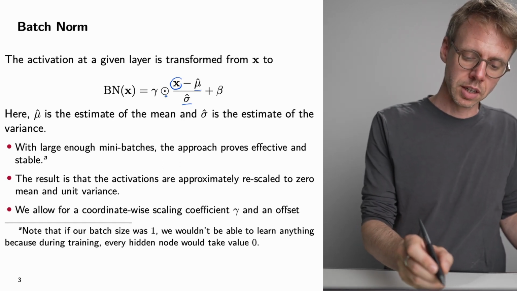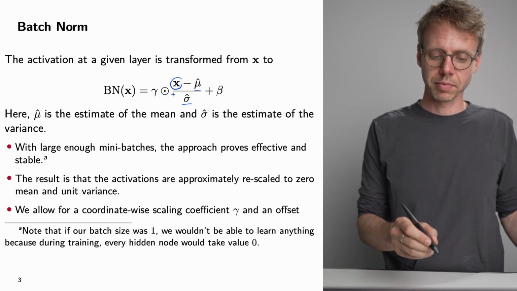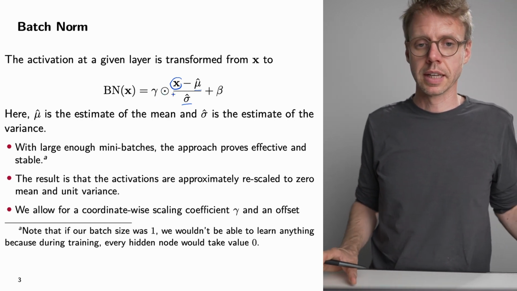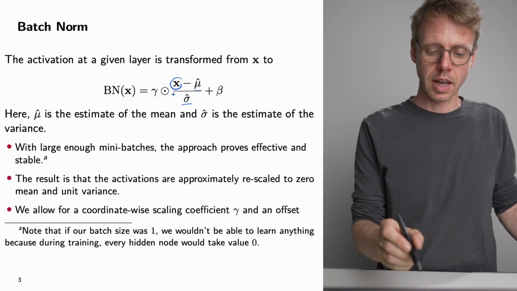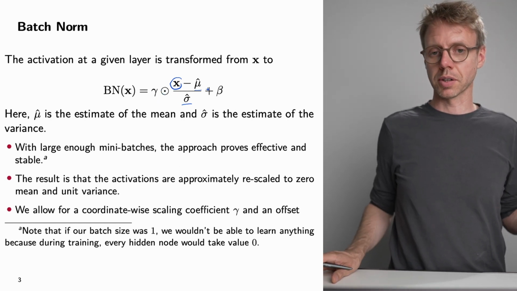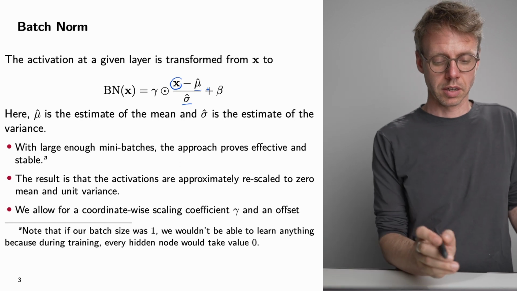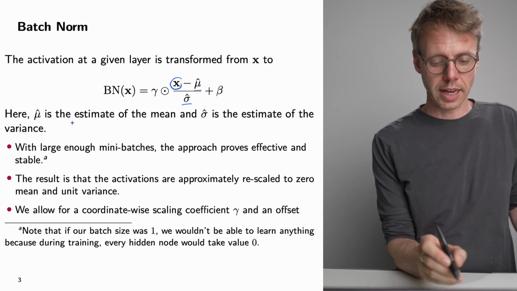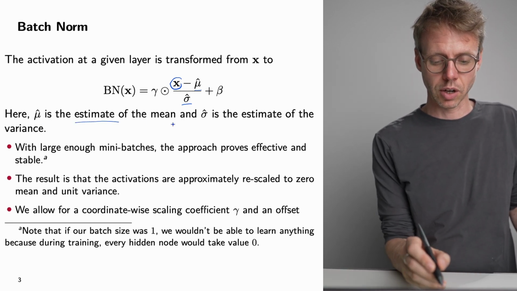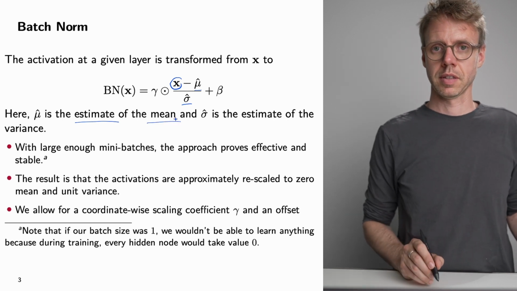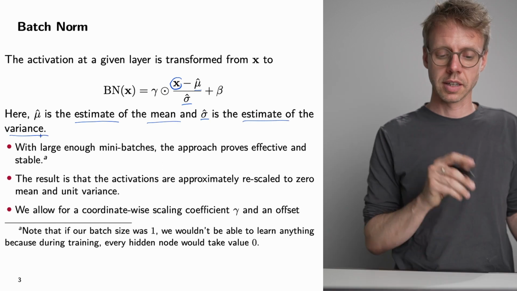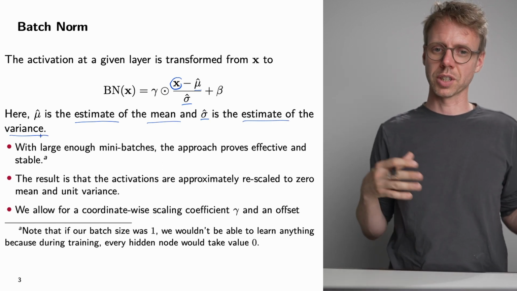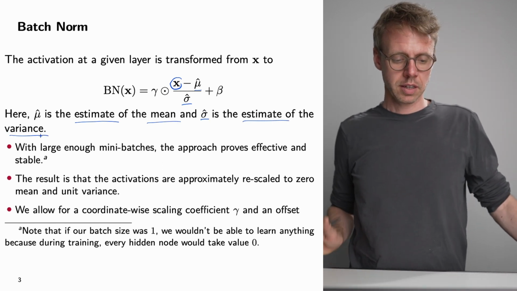On this, you pointwise multiply by some parameter gamma, and you add a constant beta to it. And as we said, this mu hat is the estimate of the mean, and sigma hat is the estimate of the standard deviation, so the square root of the variance.